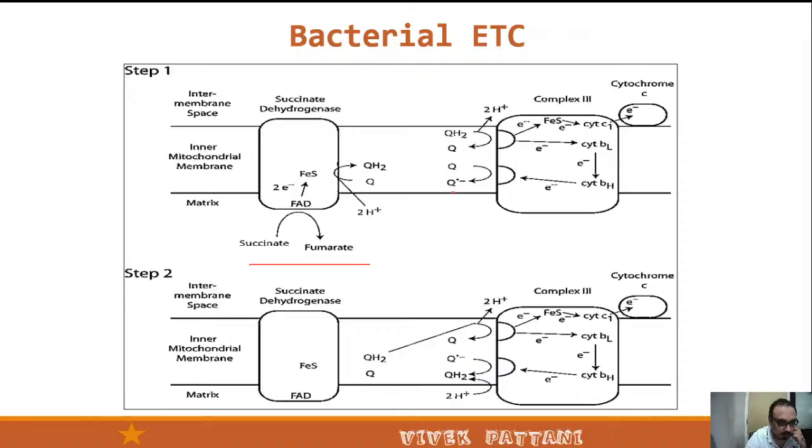Q will be converted into Q minus, and Q minus will be converted into QH2 from the 2 hydrogen ions which are present in the matrix, and the whole cycle is again similar to the above one. Okay, so I am going to end my lecture.